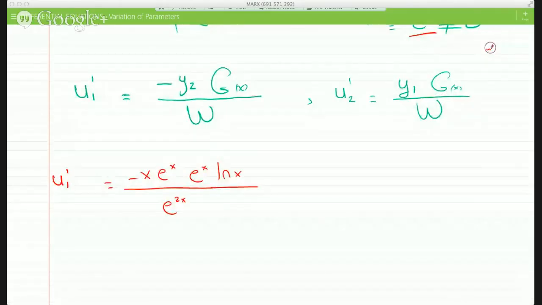And you can see that e to the x and e to the x go away with e to the 2x, because you get e to the 2x on top. So that is just minus x ln x.